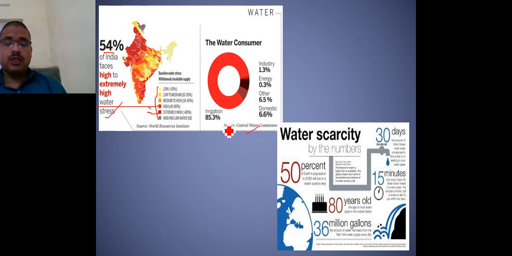In irrigation, more than 85% of water is used. That means out of the available water, 85% is used for irrigation, that means for agriculture purposes. Here something is also written but not very visible.